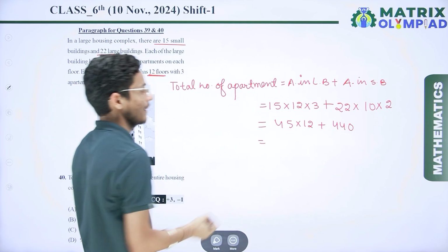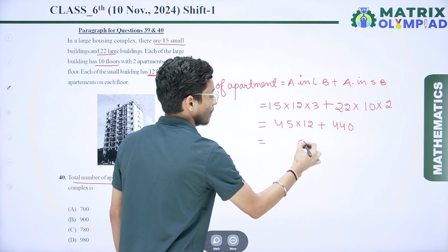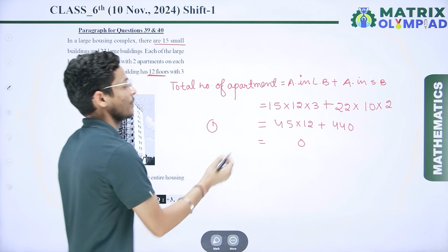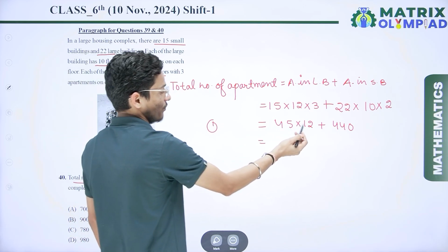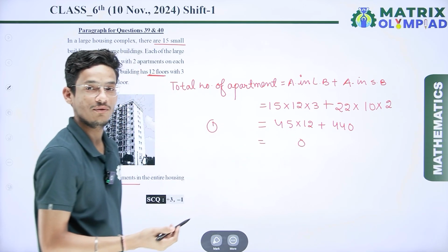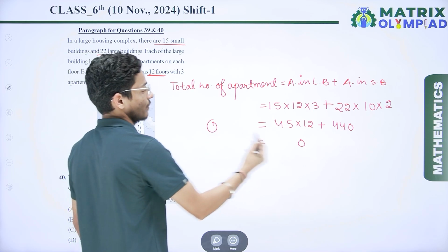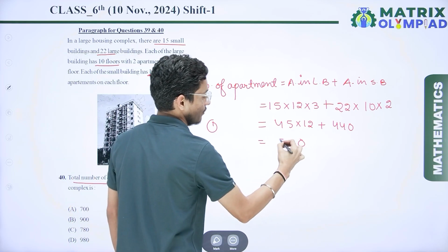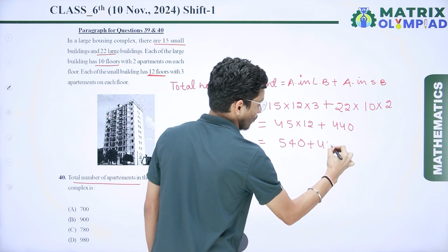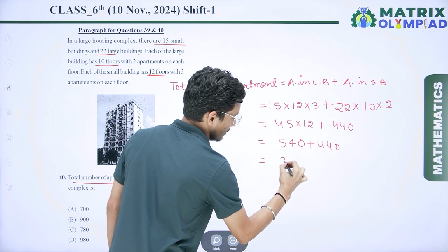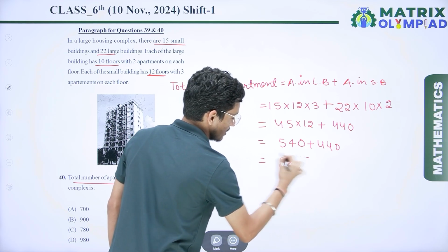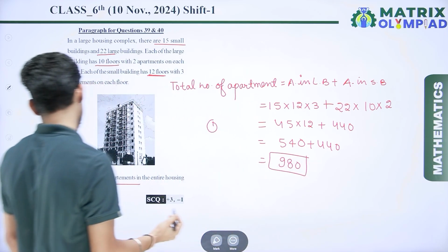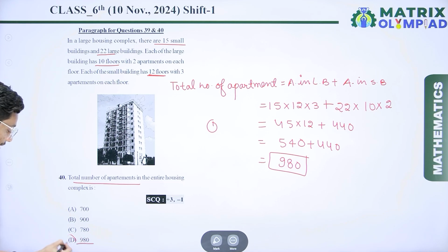So 5 twos are 10, carry 1, and 5 ones are 5, 4 twos are 8, 8 and 5 is 13, 13 and 1 is 14, and 540 plus 440. If I add here, I get 980. That is the total apartments. So 980 here. So option number D is the correct answer over here.